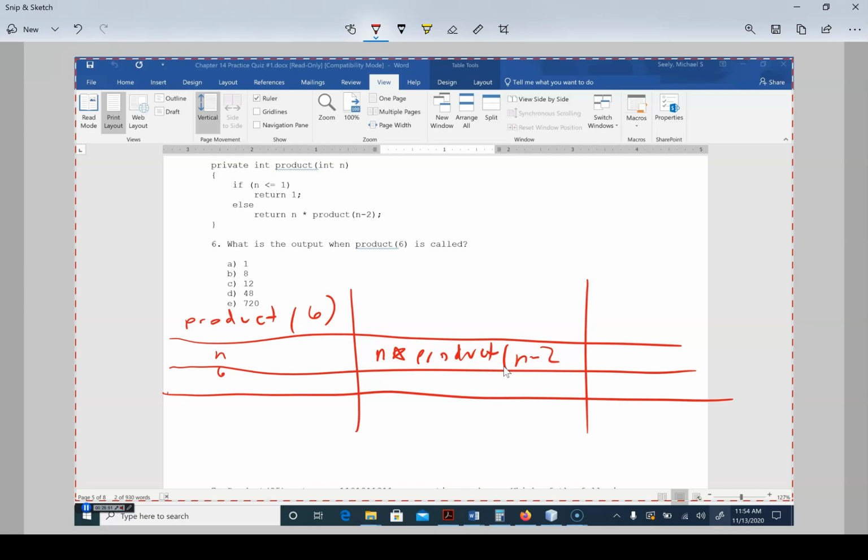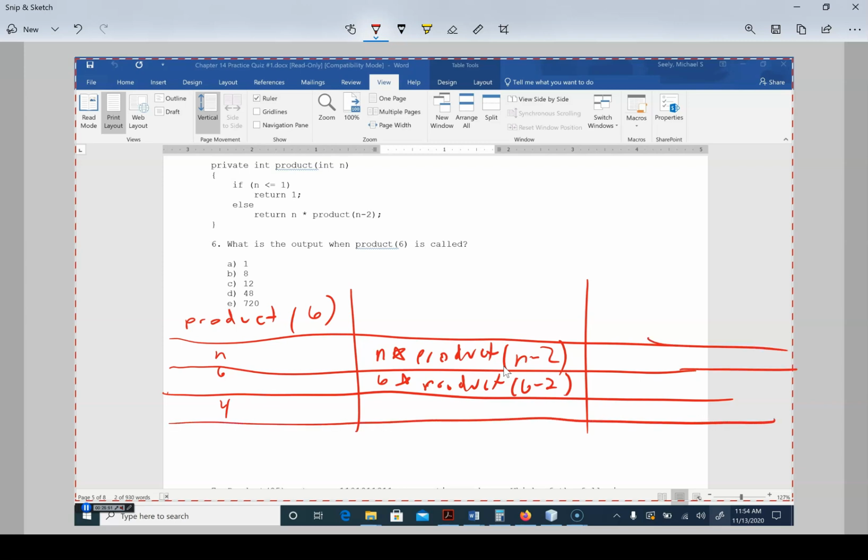So we got 6 times product, which is what? 6 minus 2, so it becomes 4. 4 times product.